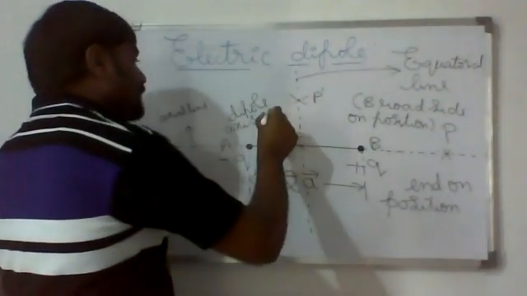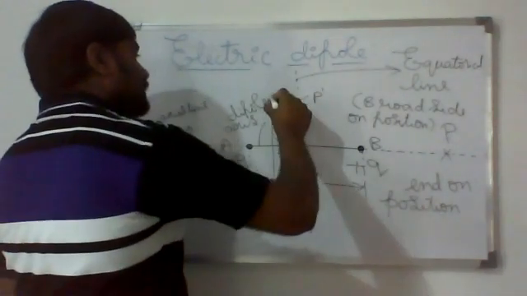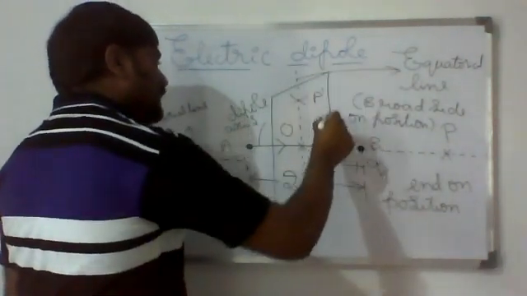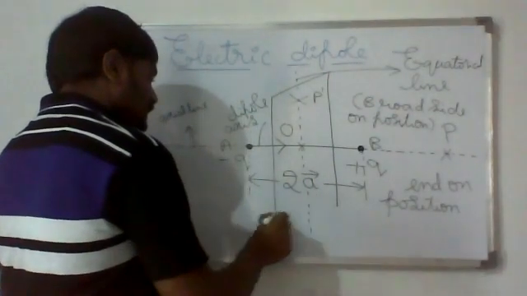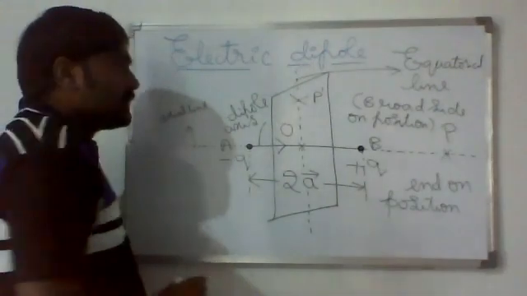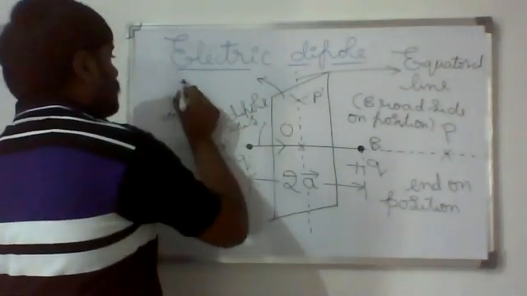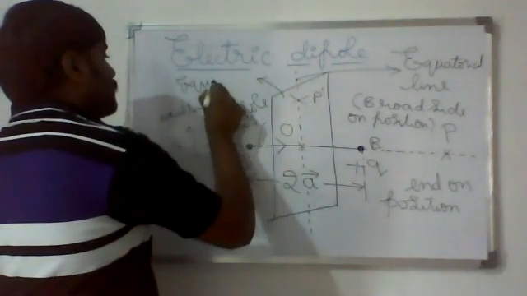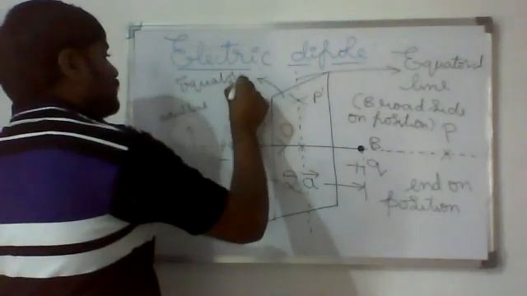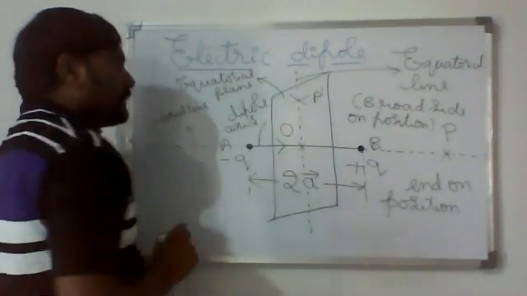And a plane passing through the center of the electric dipole and perpendicular to the dipole axis is called the equatorial plane. What is the meaning of equatorial plane?